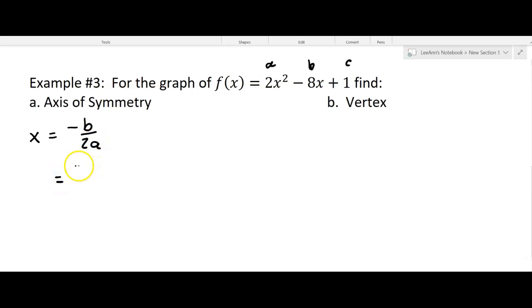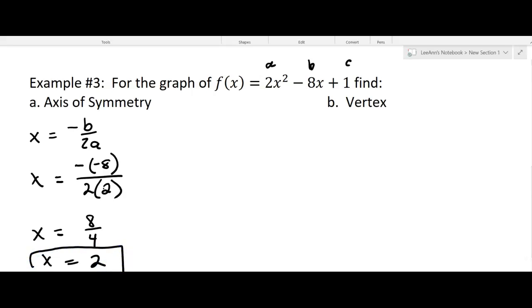My b is negative 8, so it's the opposite of negative 8 over 2 times my a, which is 2. And so then I'm going to figure out what that is. So I get 8 over 4, which gives x equals 2. So that's the axis of symmetry right there. It's a vertical line, x equals 2.